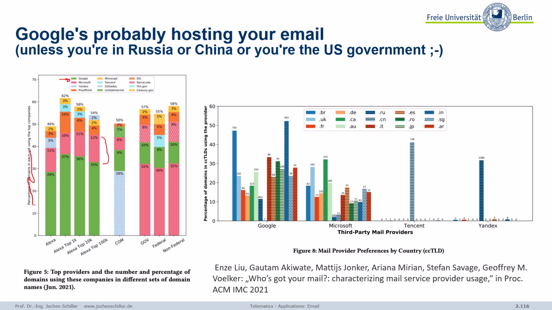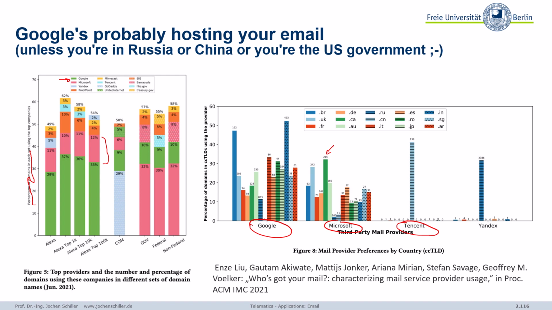And also, if you look at different countries, it's interesting to see that for most countries, Google is the dominant provider, and you also have Microsoft, depending on the country. For example, in Canada, it's more Microsoft than Google. In Germany, it's basically the same. And then if you look at countries like China, for example, there's no Google.